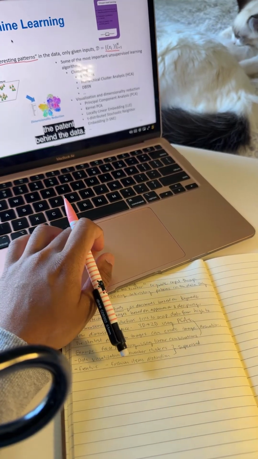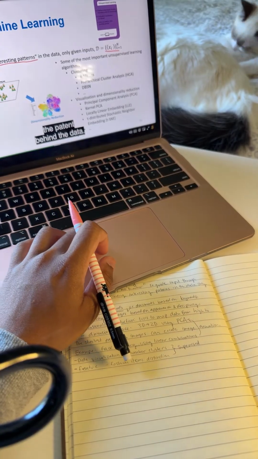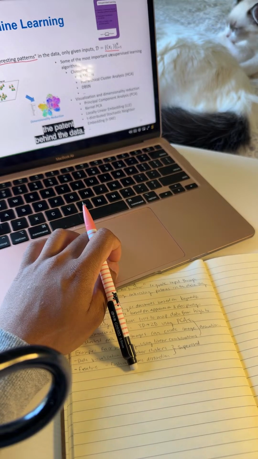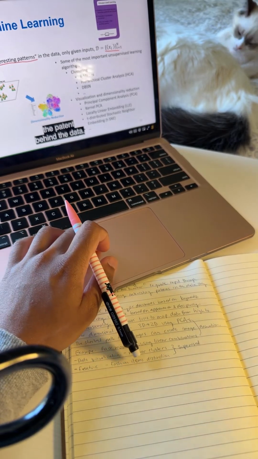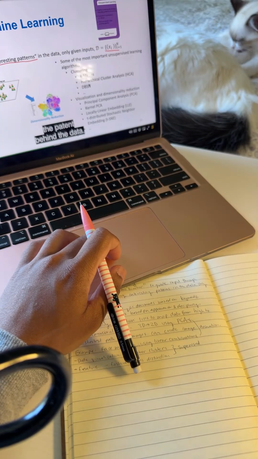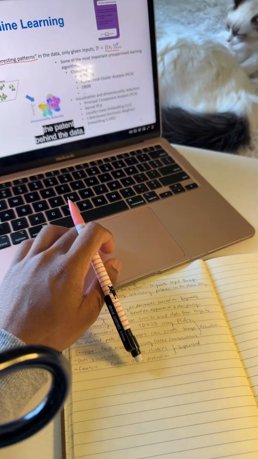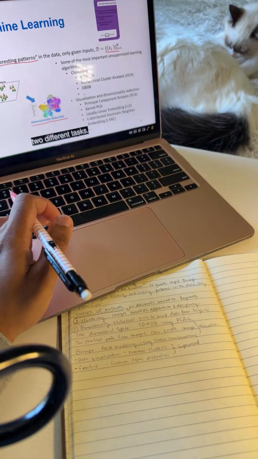We're learning about types of machine learning. So there's unsupervised learning. The goal is to find interesting patterns in data only given inputs without training. So some of the most important unsupervised learning algorithms: clustering, k-means. These are all unsupervised. So that's why we usually consider 2 different tasks.